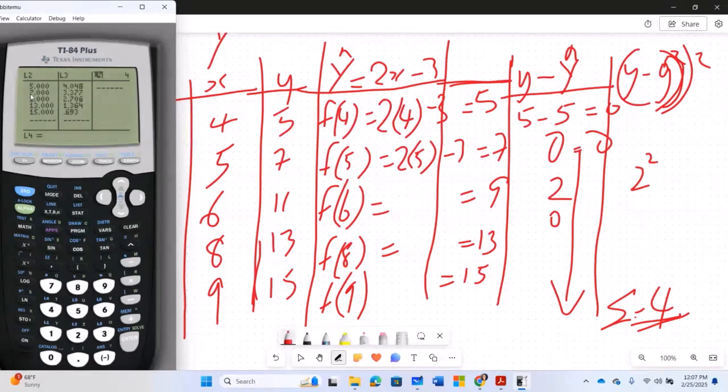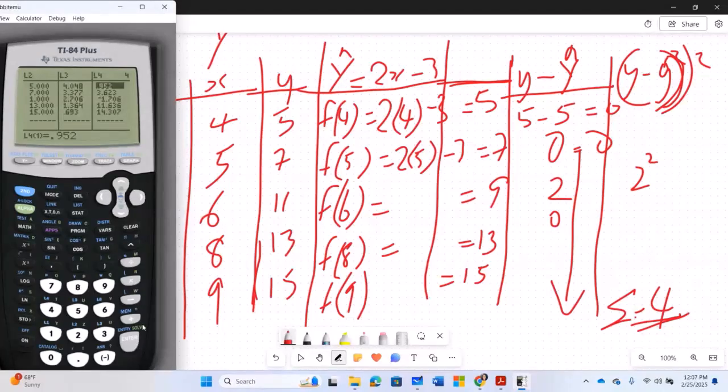I am telling my calculator to subtract L3, so second L2 minus second L3. The reason why I'm doing it with calculator is that sometimes you get some numbers that are difficult, and then you want to subtract.